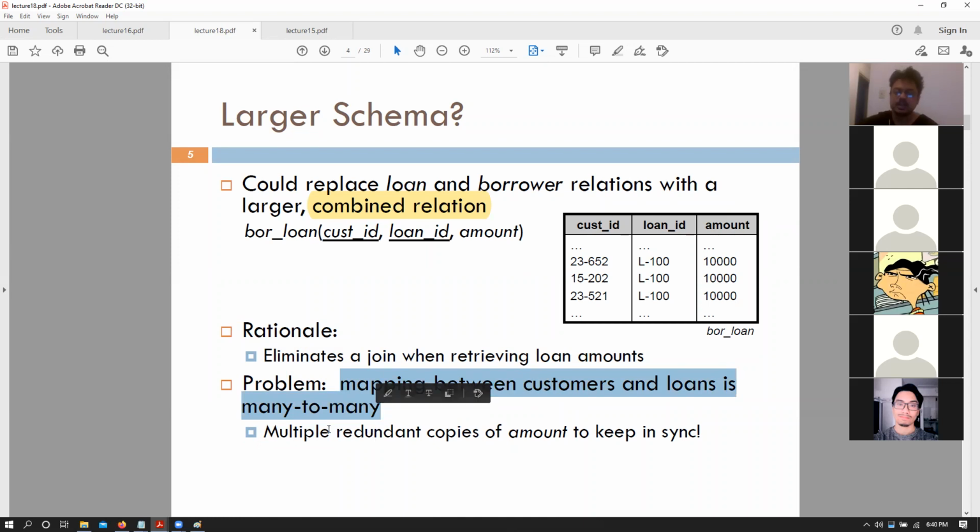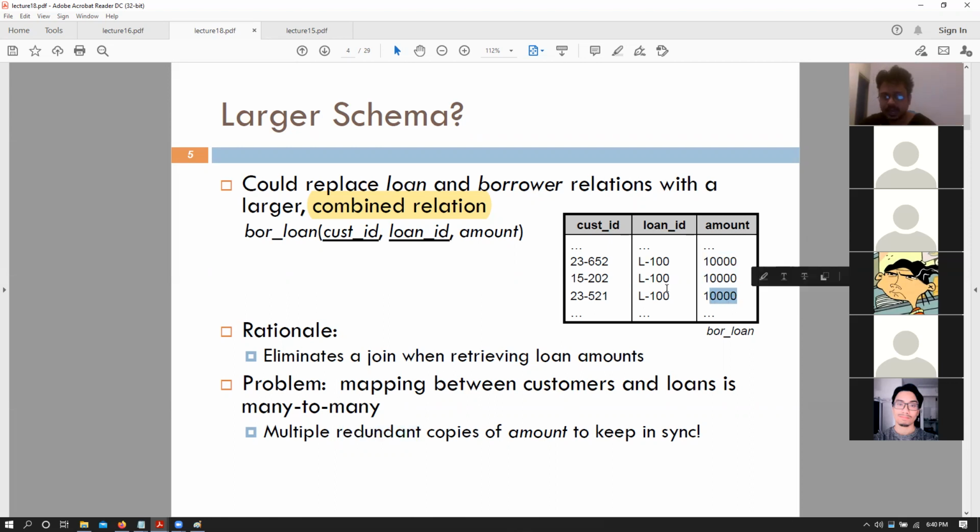That means that we now have redundant copies. Let me explain a bit more in detail, because the redundant copies bit is important to understand. So now we have $10,000 being duplicated every time we have this customer ID and loan ID pair, right?